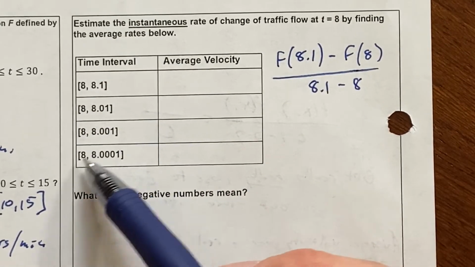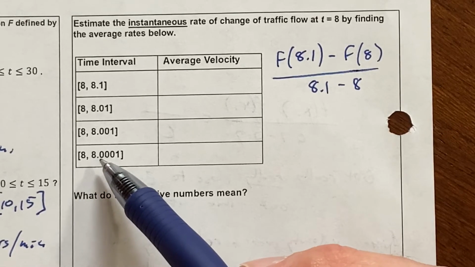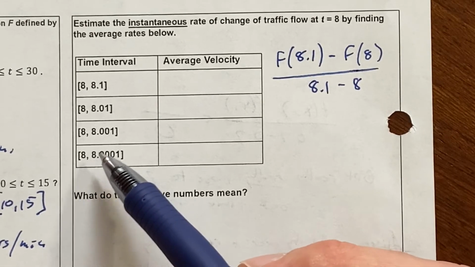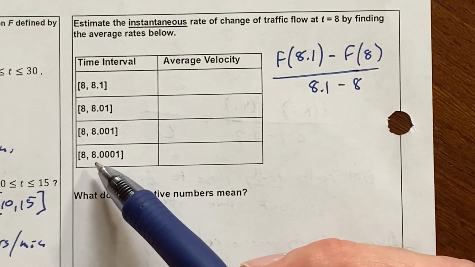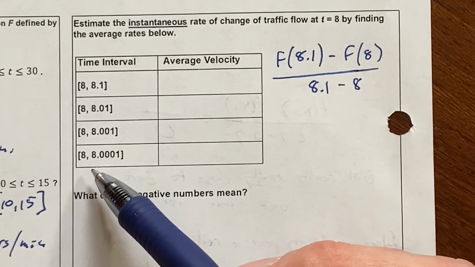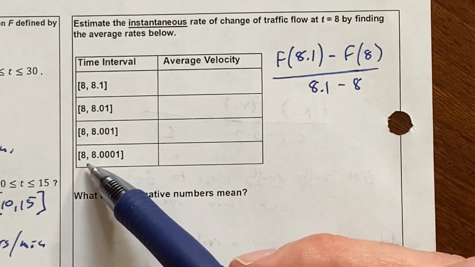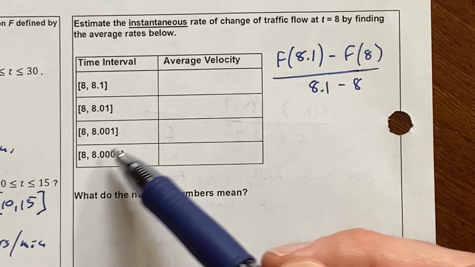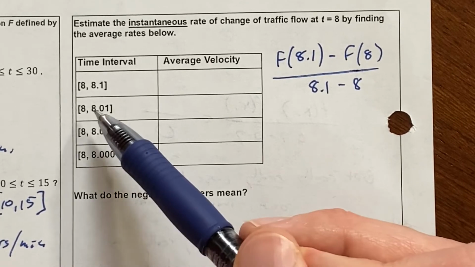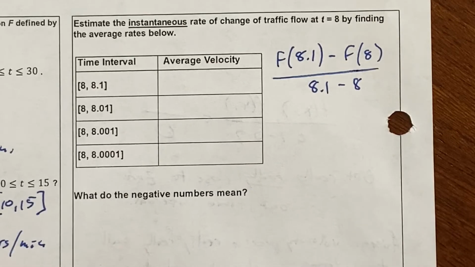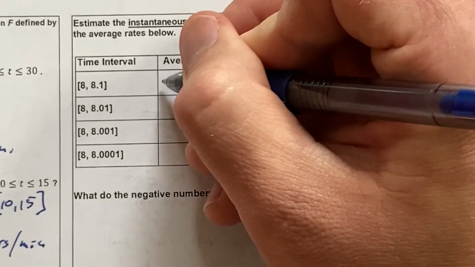So we're going to get really, really close numbers to 8. I guess I could have done 7.9999. I don't know why I didn't do that. If you want to challenge yourself, do 7.99, 7.999, and so on. All right.